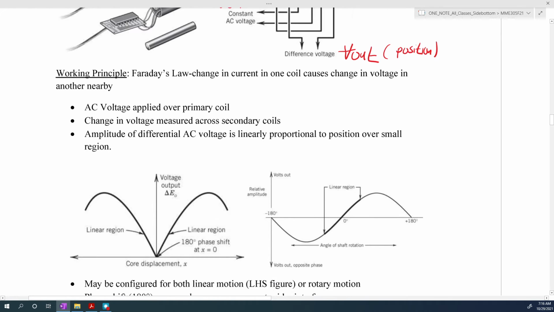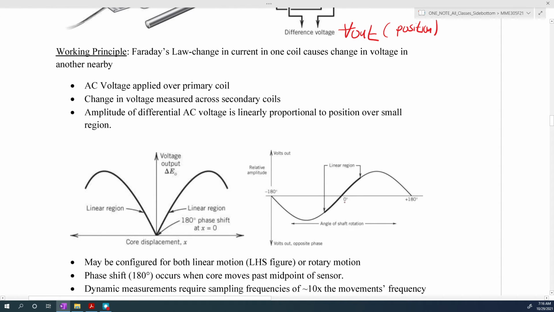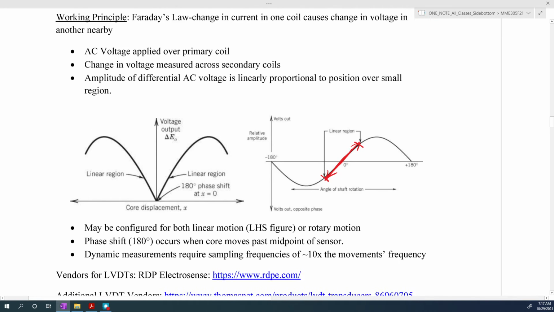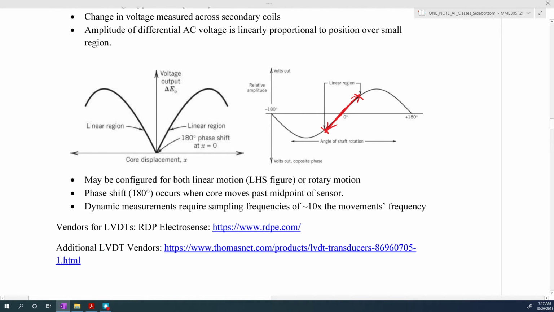But in both cases, there's a small linear region which is used by the sensor to monitor the position. Basically, all you need to know is that for an LVDT, the position would be equal to some calibration constant times the output voltage.